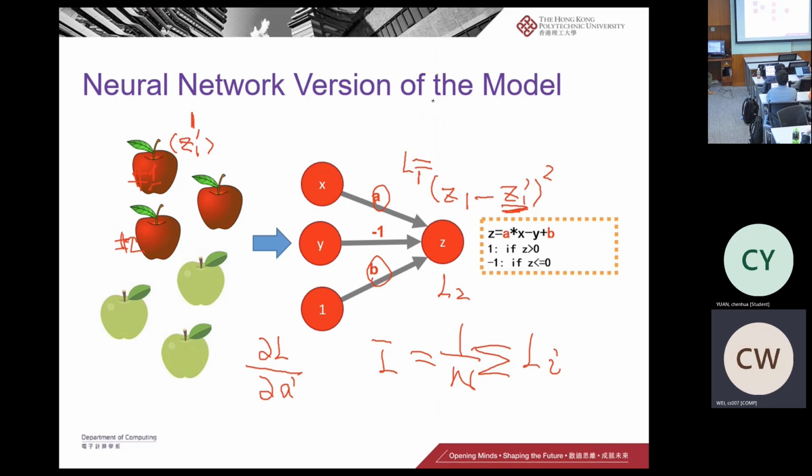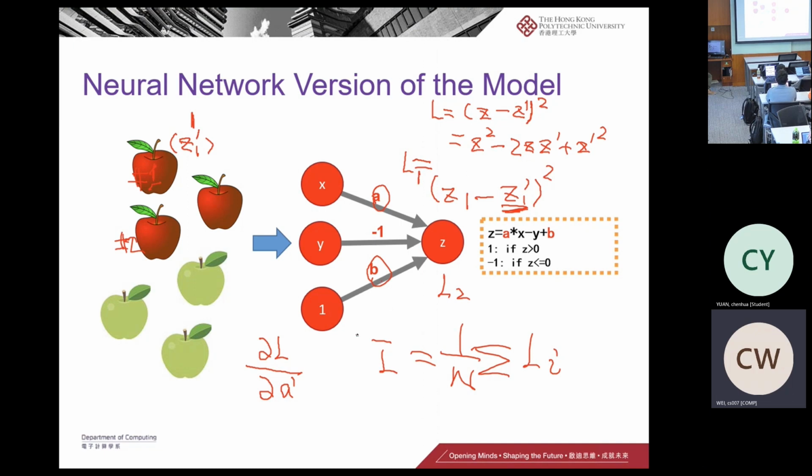The loss function is L equal to Z minus Z prime, take the square, so it's going to be Z square minus 2 Z Z prime plus Z prime square, right? So this is L. Right now, it has nothing to do with A.